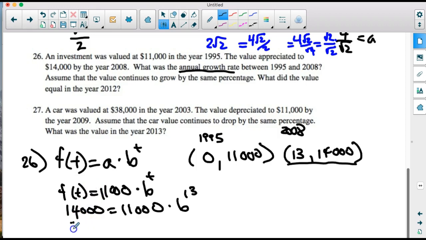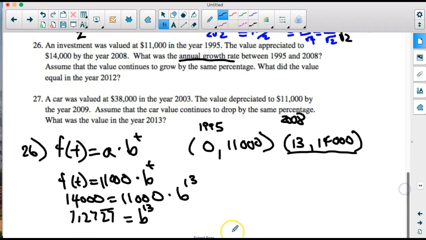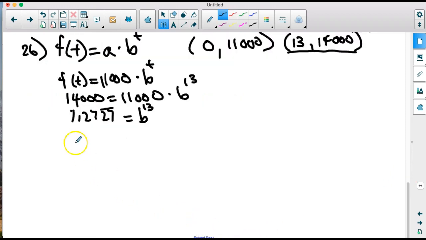So this is going to be 1.27 repeating equals b to the 13th power. Now we're going to need to take the 13th root of 1.2727 repeating, to get b.